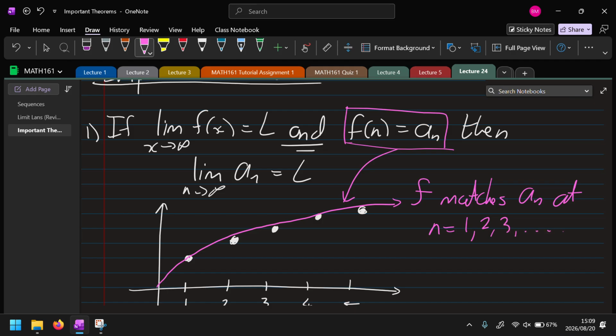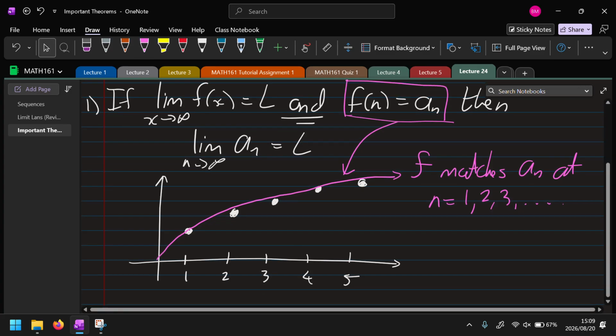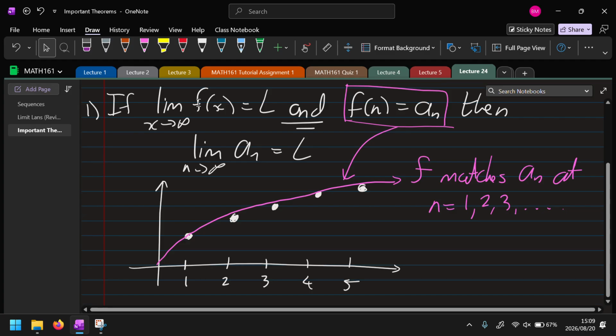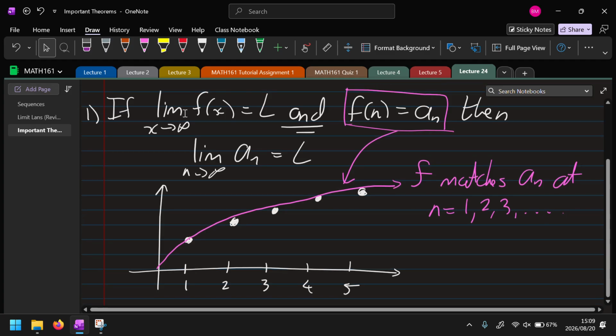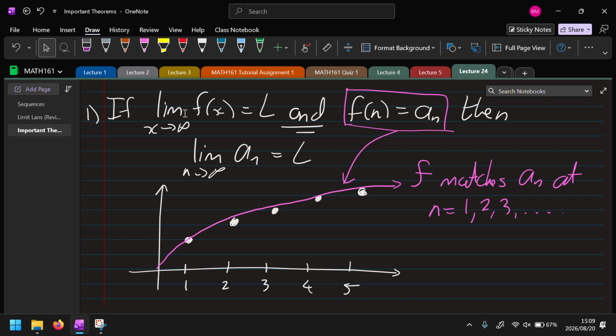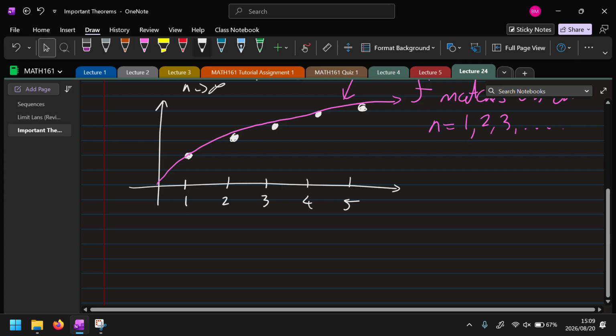Between n equals 1, 2, 3, and so on, the function can do whatever, but at those points, it must agree. And then what does this tell us? It tells us that if you calculate the limit of the continuous function f, it matches what we have for the sequence. So let's look at an example.